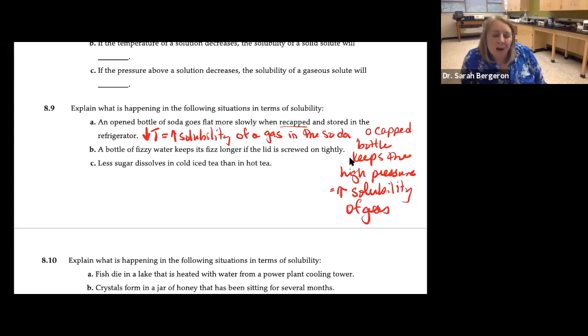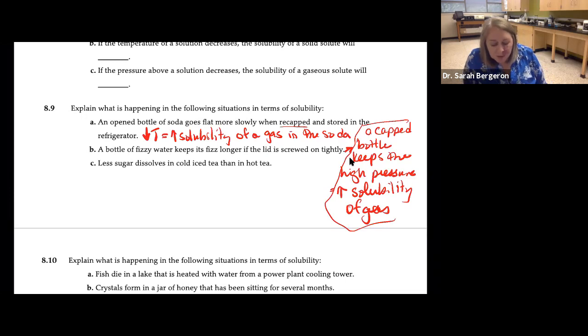All right, a bottle of fizzy water keeps its fizz longer if the lid is screwed on tightly. Well, we just said it. It's the same thing. A capped bottle keeps the high pressure, so you increase the solubility of your gas.